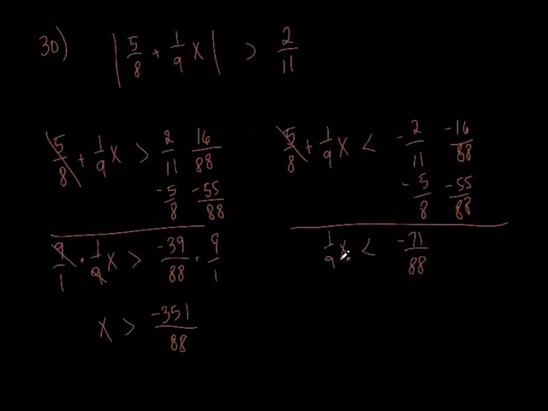Multiply both sides by 9, just like we did earlier. And x is less than, what is that, 639? 63, right? 9 sevens are 63, and 9 times 1 is 9. Negative 639. It's not like I'm a math genius. You could have done that in your head. 9 times 1, 9 times 7. Yes? Anybody agree with me or not? Okay, over 88.